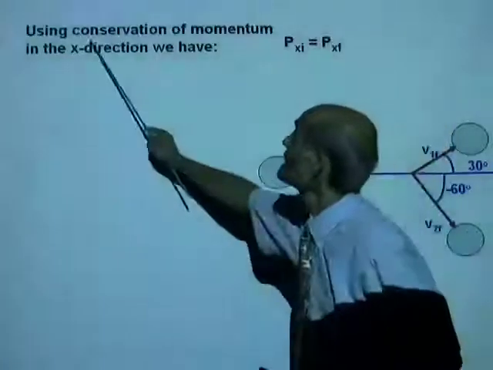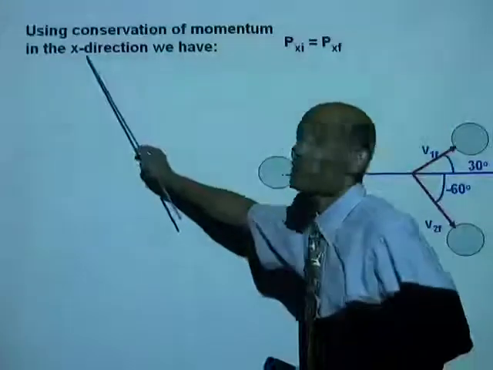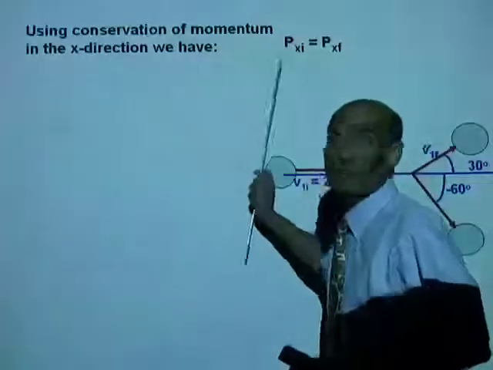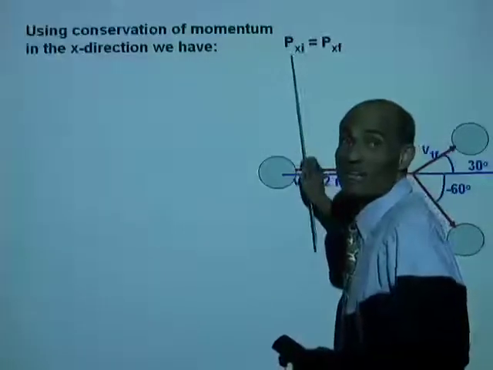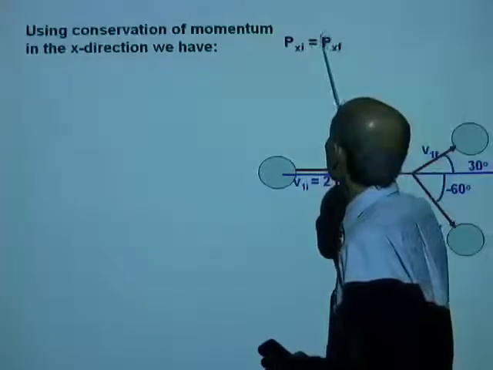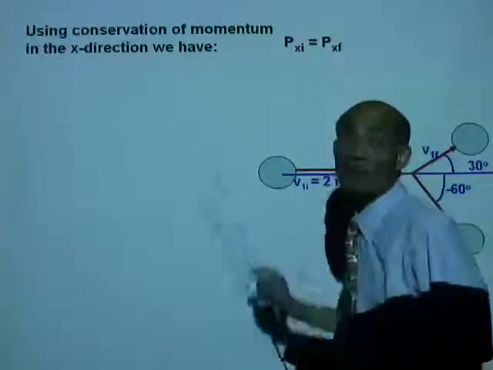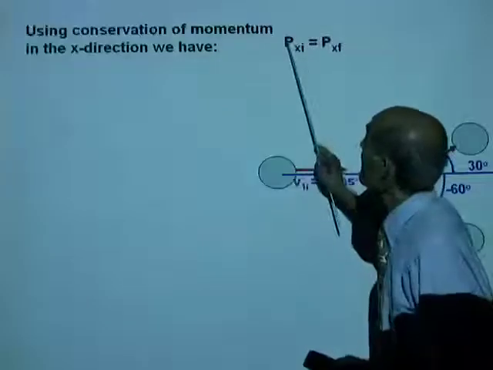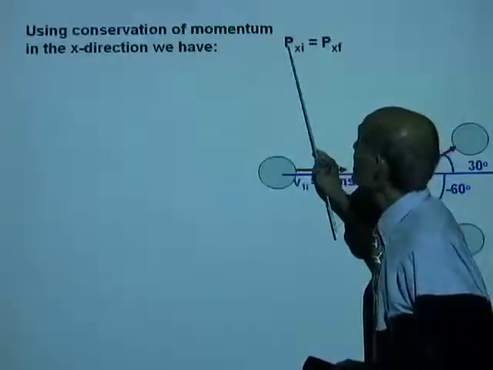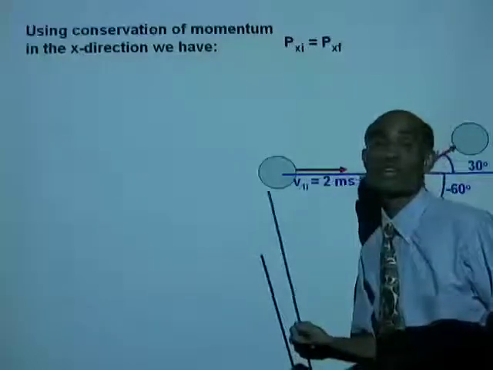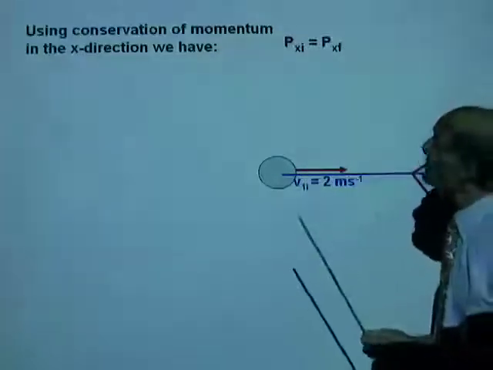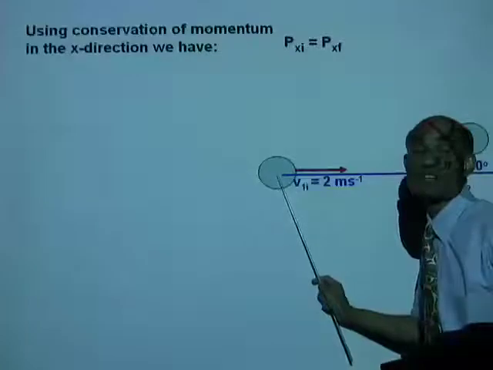Alright, using conservation of momentum in the x direction, we have initial momentum in the x direction equal to final momentum in the x direction. What is the initial momentum in the x direction?